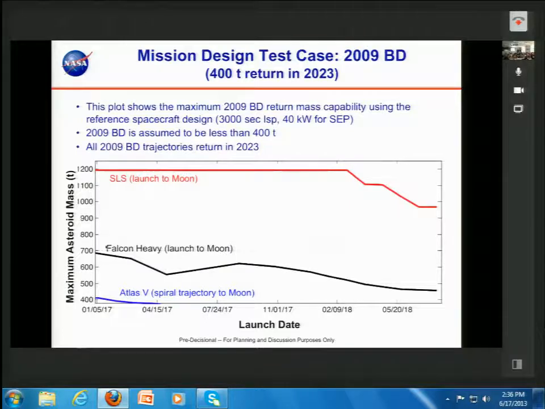The Atlas V, however, drops off fairly quickly, and this is because you need to build a year and a half onto the front of the trajectory for the low thrust spiral. So by the time you escape, you've lost the best time to leave for the asteroid, and you're dropping off performance very quickly.